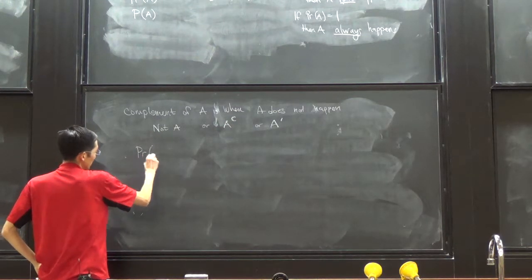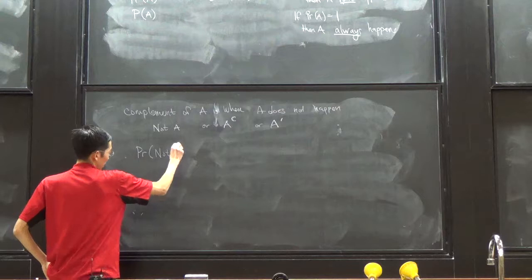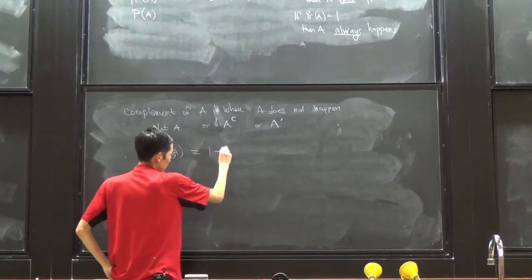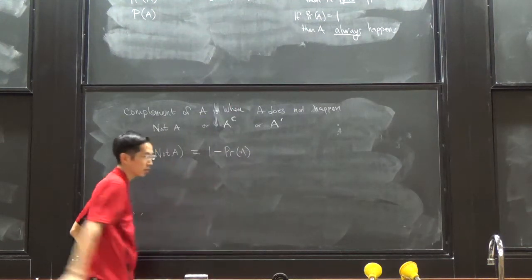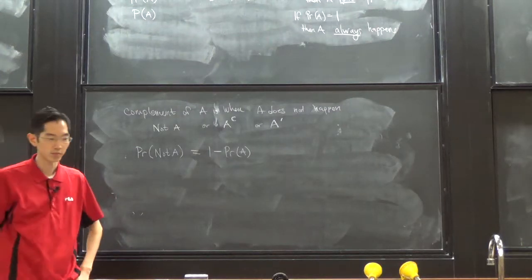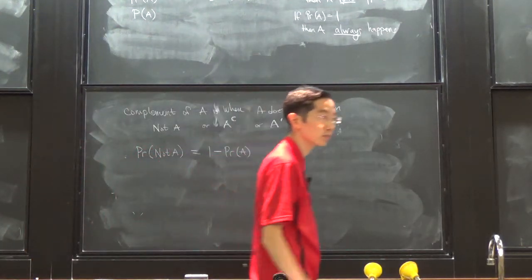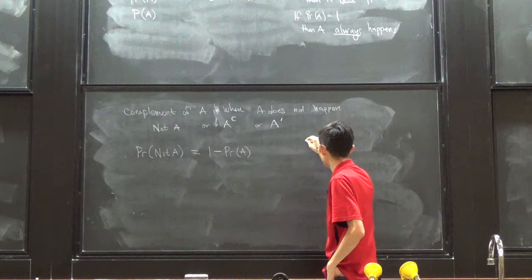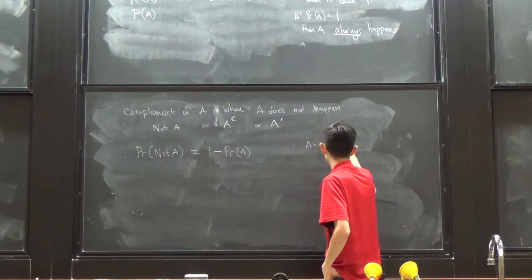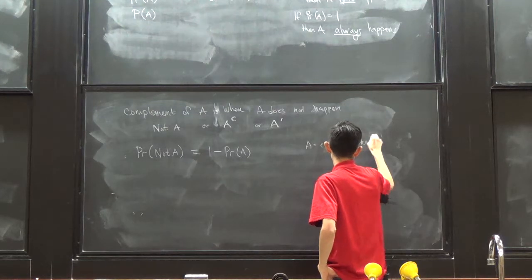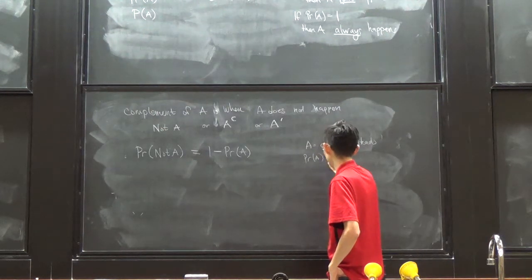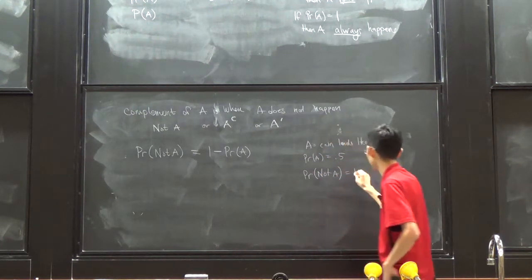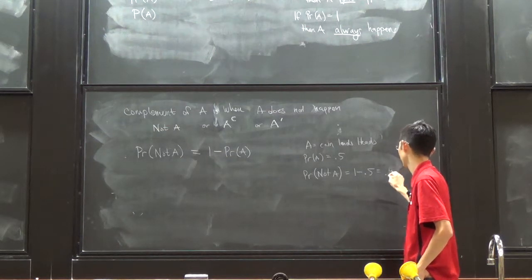And the probability of the complement of A, so the probability of A not happening or not A, is equal to 1 minus the probability of A. So let's say A is coin lands heads, and we say that the probability of A is equal to 0.5, then the probability of not A is equal to 1 minus 0.5, which equals 0.5.